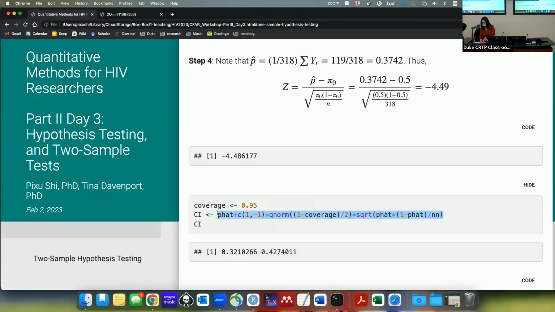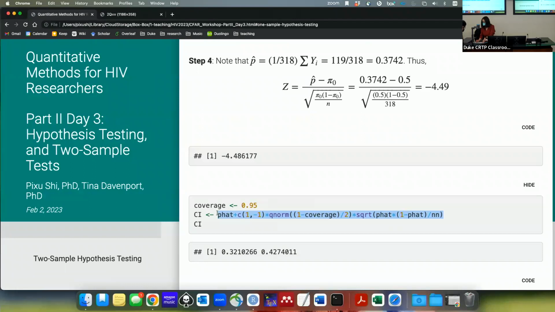We would construct the confidence interval by comparing this with 1.96 and negative 1.96, and then we solve for pi0 to get p hat plus or minus 1.96 times this whole square root thing. So this is the parameter of the null, no matter what it is. We're going to use this interval to check whether this is inside.